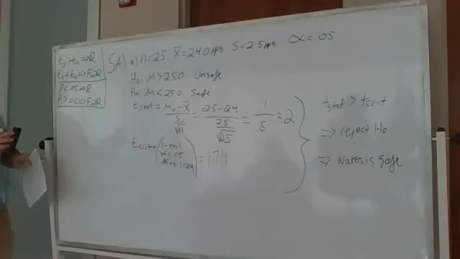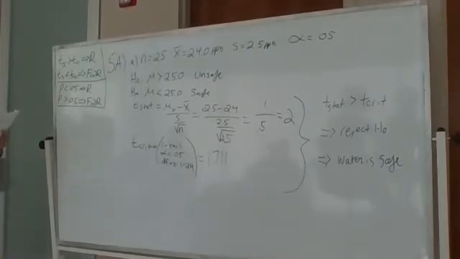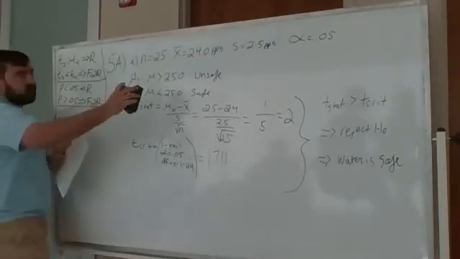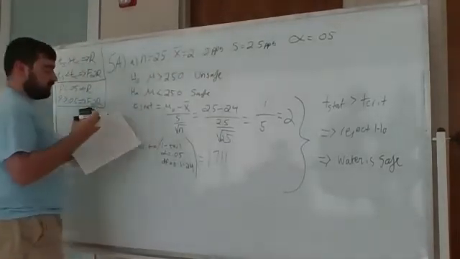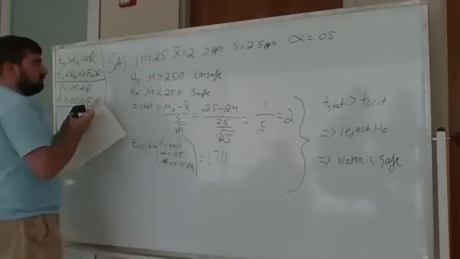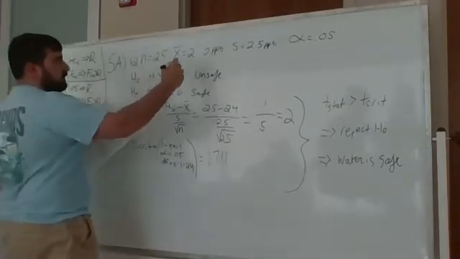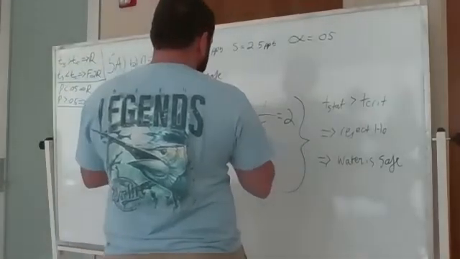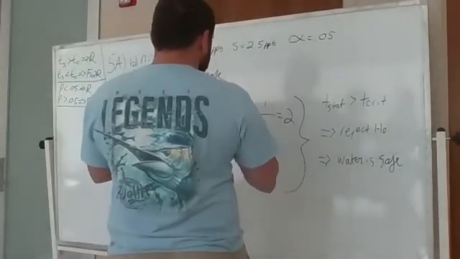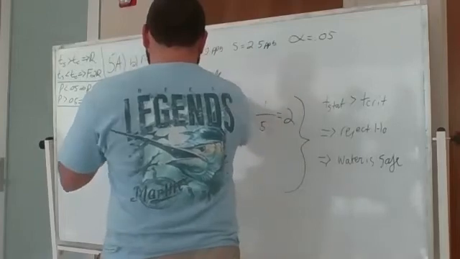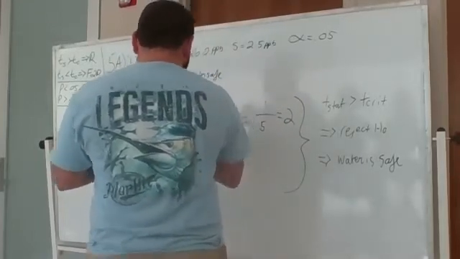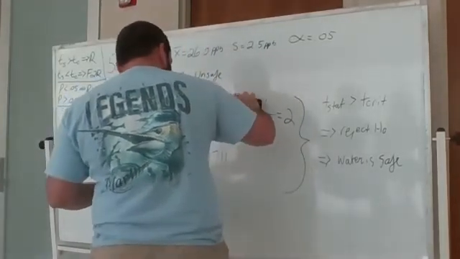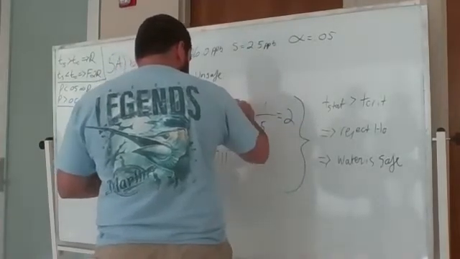So I'm gonna erase some of this stuff because it's basically the same question. We just have a different X bar. So B is now our X bar is 26 parts per billion, and the rest is the same. In this case, the only thing that changes is this value.